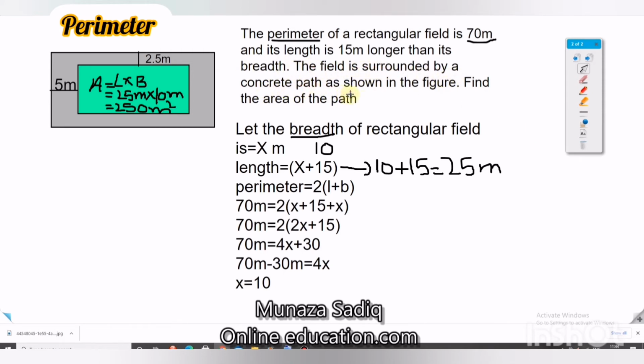And the next question: the field is surrounded by a concrete path as shown in the figure. This is the concrete path and we need to find the area of this path. To find the area of this path, we will do length multiplied by breadth. First we will find the area of this total rectangular field.